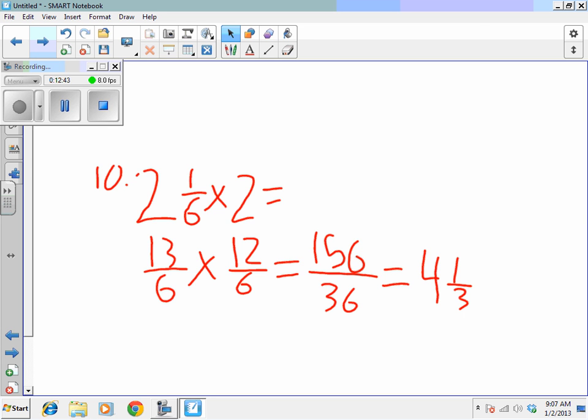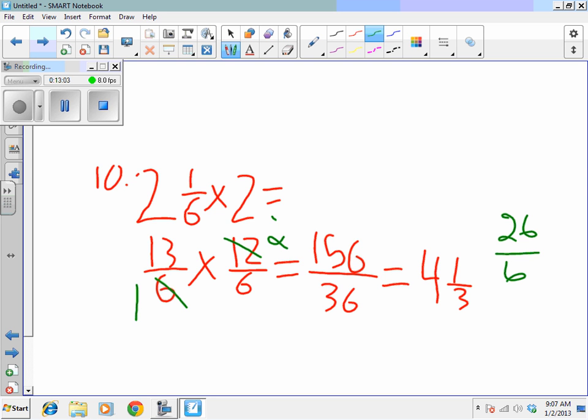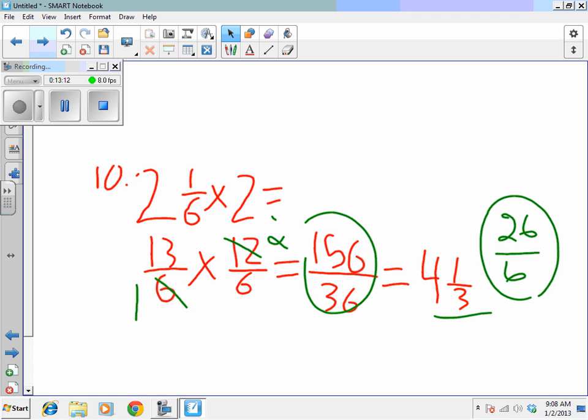Boys and girls, please take your time and look at this, all right? We could have saved ourselves a lot of trouble here, right? 6 into 6, how many times? Once, and 6 into 12, how many times? 2, and now you would have 2 times 13, which is 26, over 6. That's a lot easier to reduce than that, right? The answer's right. The process is just one more step than you need, okay? Good, thank you. Any questions?